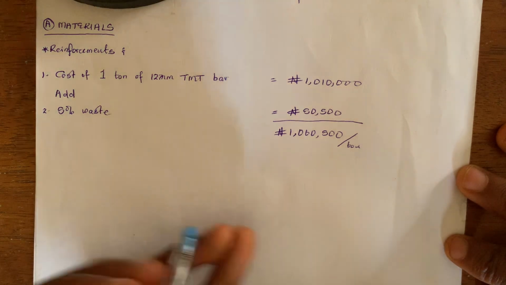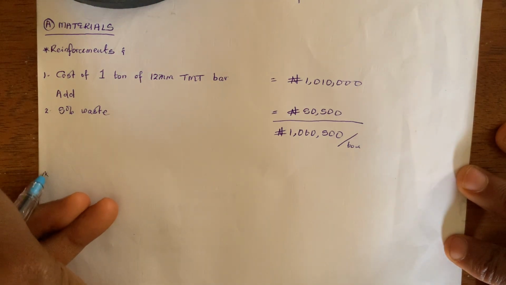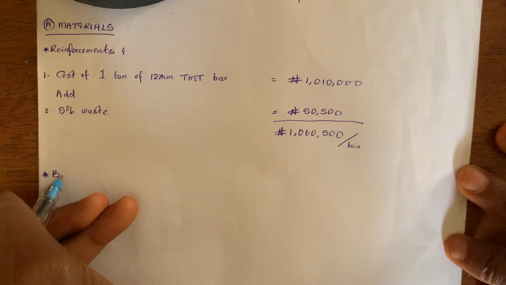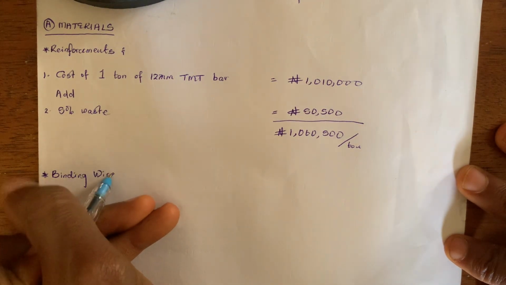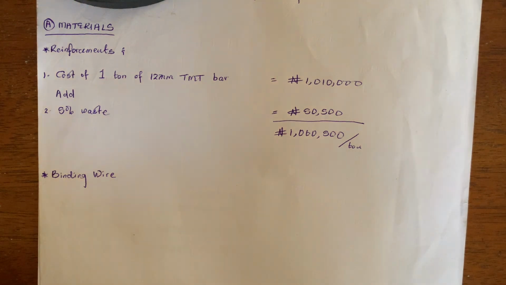The next thing we're going to enter is our binding wire. There's a saying that 0.8 kg of binding wire will be able to bind 100 kg of reinforcement.